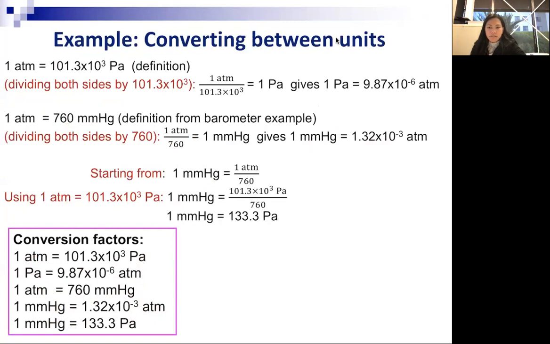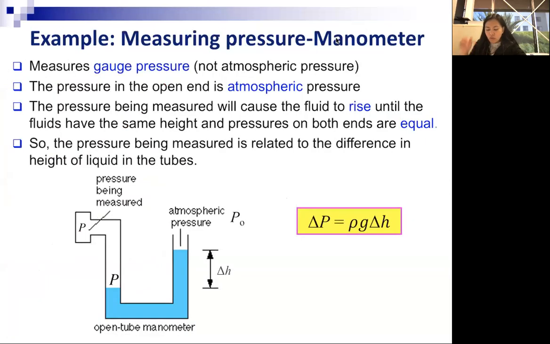Okay, so those are the conversion factors. Typically, we will mostly use pascals. As I've said, the SI unit is pascals, but in some problems we'll also give it in terms of atmosphere. So atmosphere and pascals would be the common ones that we need to convert between.